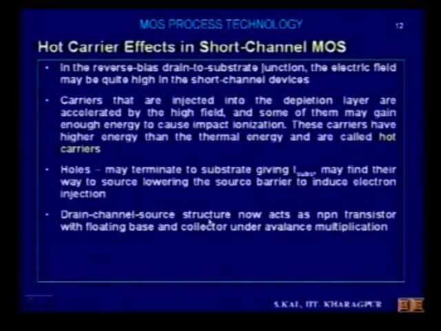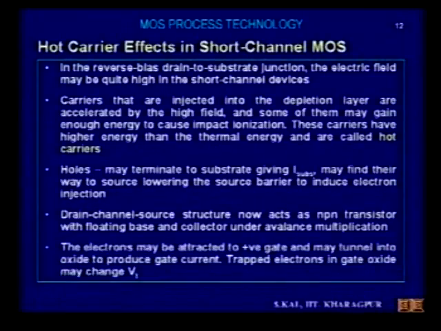The drain channel source structure now acts as an NPN transistor with floating base and collector under avalanche multiplication. The collector is the drain junction, the source acts as the emitter because it injects carriers, and the P substrate region is the channel, so it works similar to an NPN transistor. So you may end up with a parasitic NPN transistor in short channel devices because of the movements of the hot carriers.